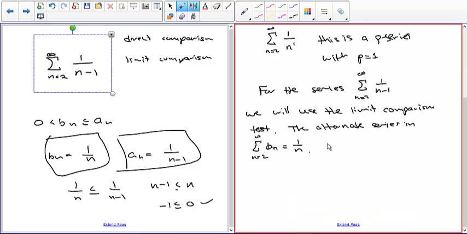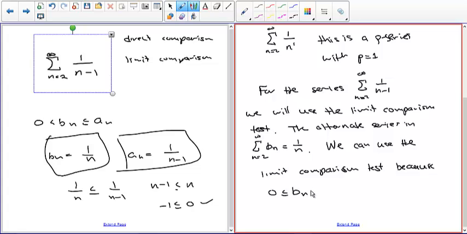And then you could say something like, we can use the limit comparison test because... actually, we don't need to use it for that one, do we? That's not part of the limit comparison test. We don't even need that part, so we'll just ignore that.